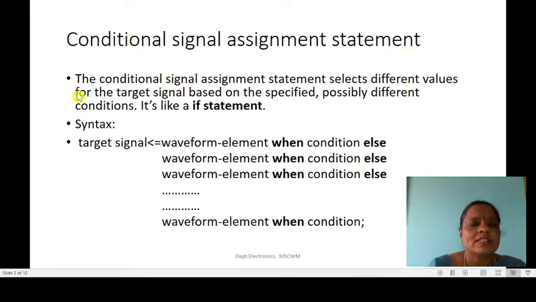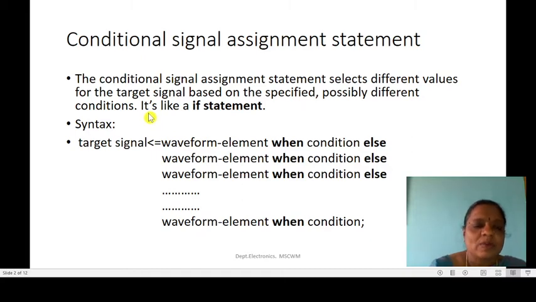Let us remind once again. The conditional signal assignment statement selects different values for the target signal based on the specified, possibly different, conditions.